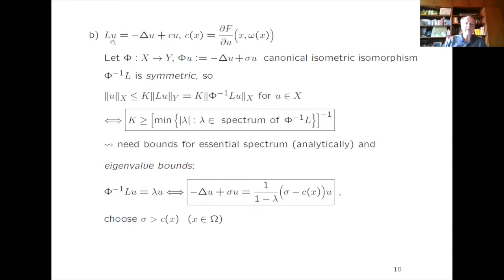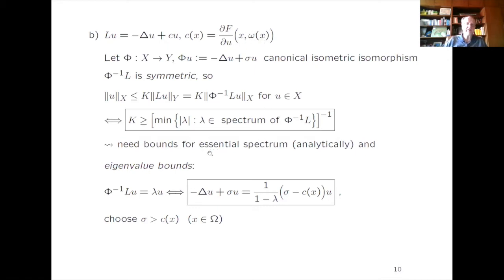But the change of that operator when replacing omega by 0 is a relatively compact perturbation, because only the coefficient changes on a bounded subdomain. And such relatively compact perturbations are known to preserve the essential spectrum. That's the famous theorem by Weyl. Which means this essential spectrum stays the same when we replace omega by 0.